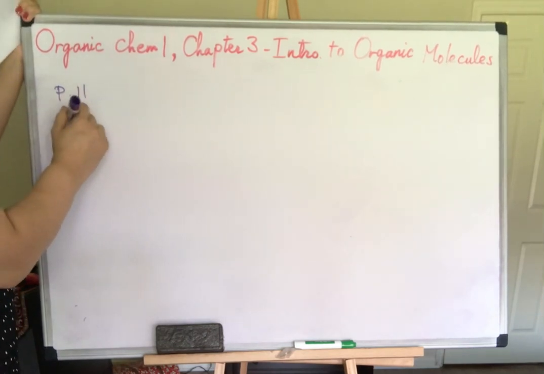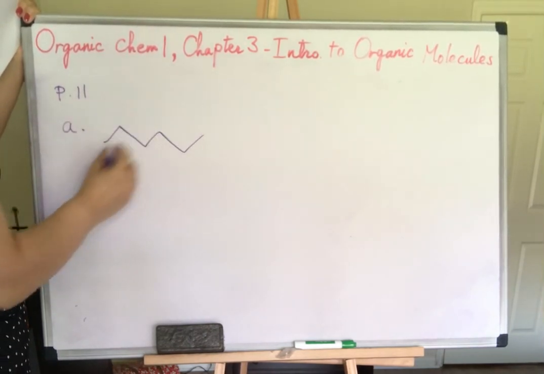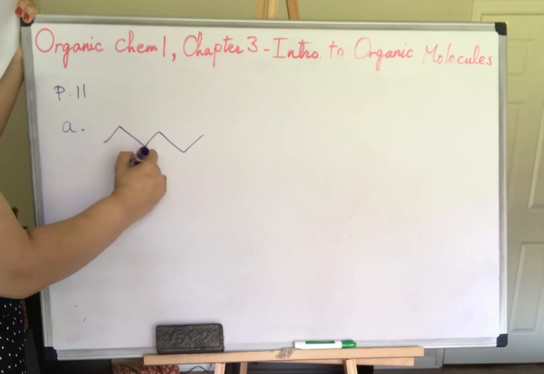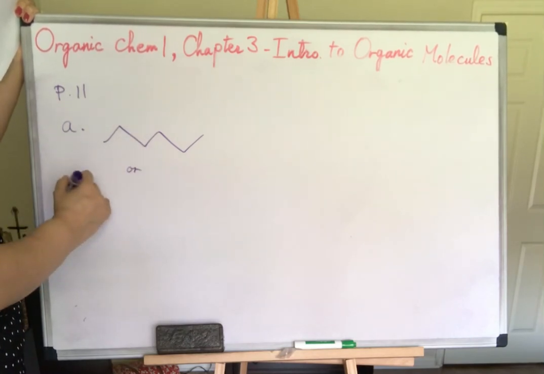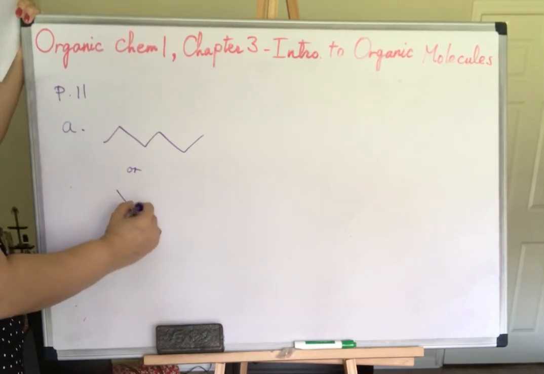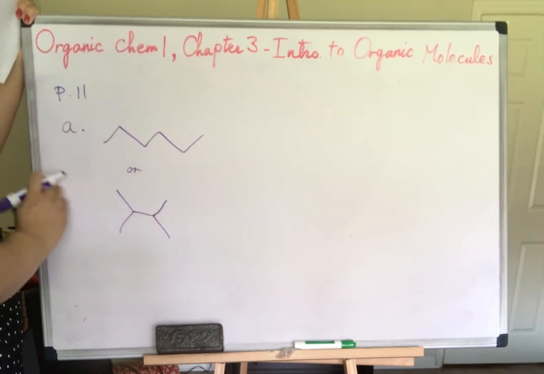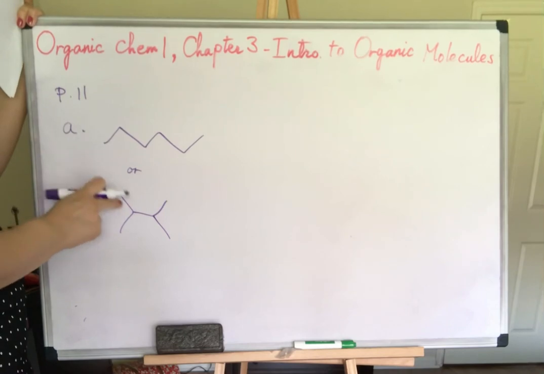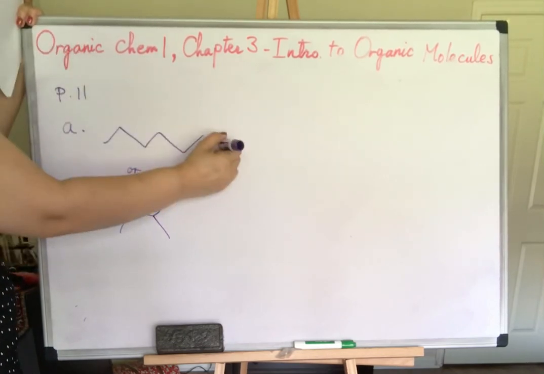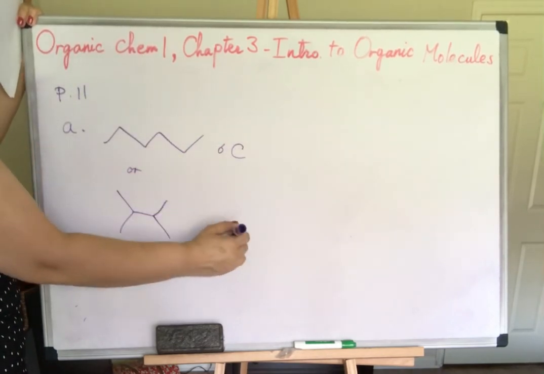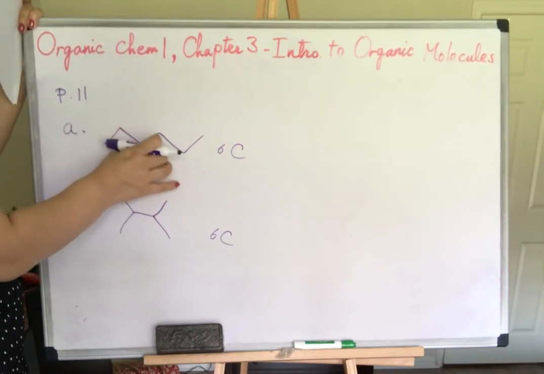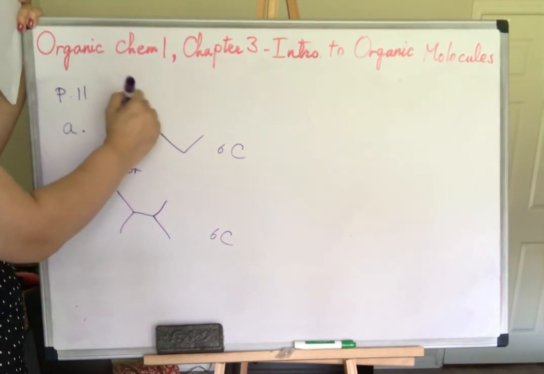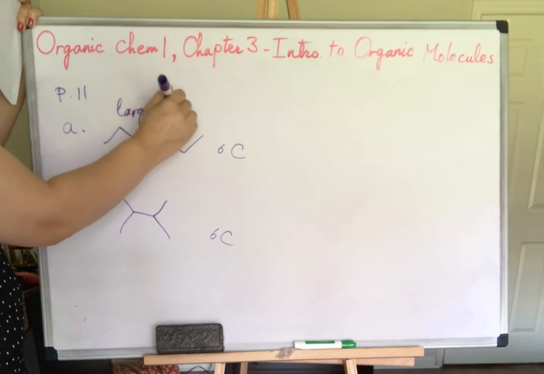We're going to talk about it here now. We are going to determine which one has a higher boiling point. How many carbons does each one have? 1, 2, 3, 4, 5, and 6. Here, 1, 2, 3, 4, 5, and 6. Both of them contain 6 carbons, but what is the difference? This one is more spread. This one has a larger surface area, right?